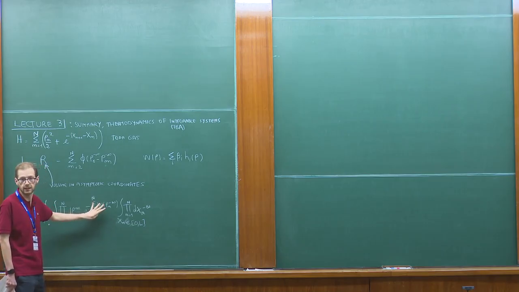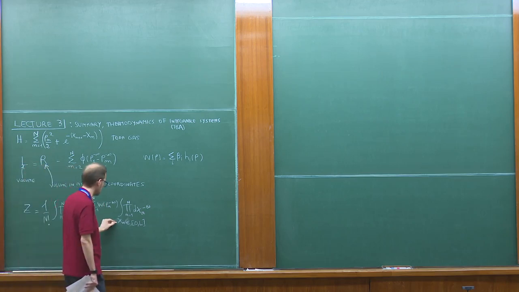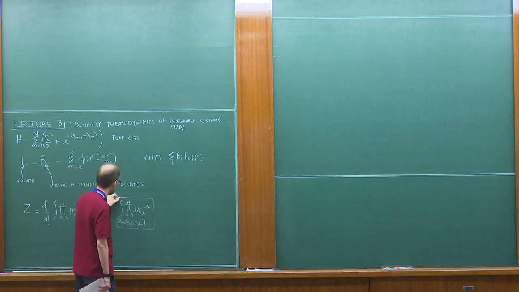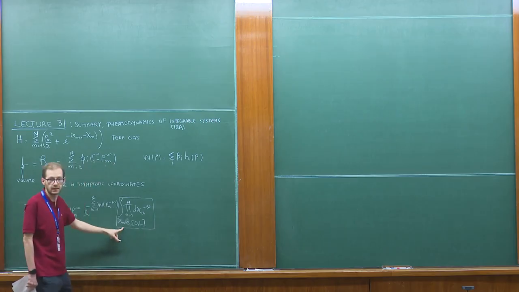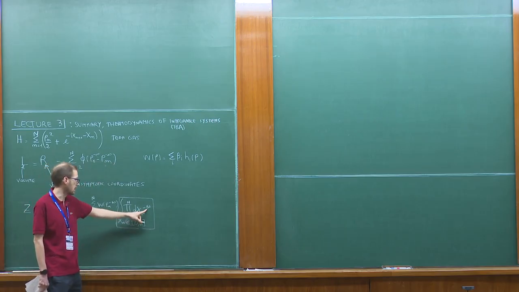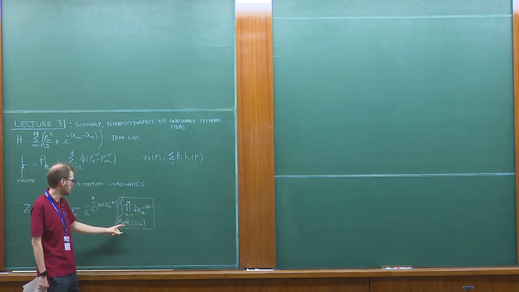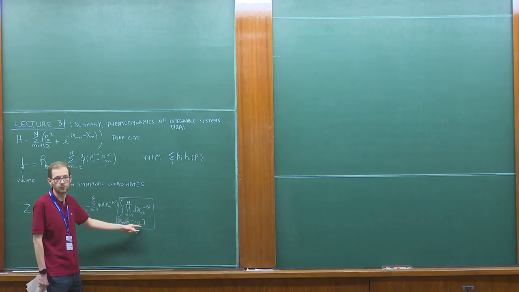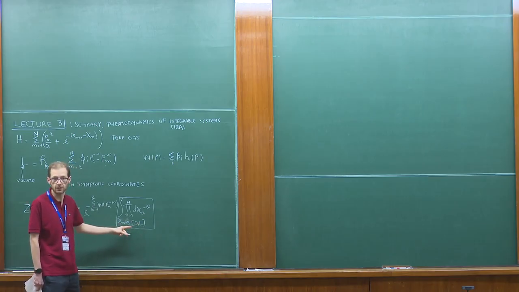The complicated part is entirely in this integral over space. This is an integral over the volume in the asymptotic space coordinates, constrained on the coordinates on the initial time slice being in this volume where the system is initially confined.